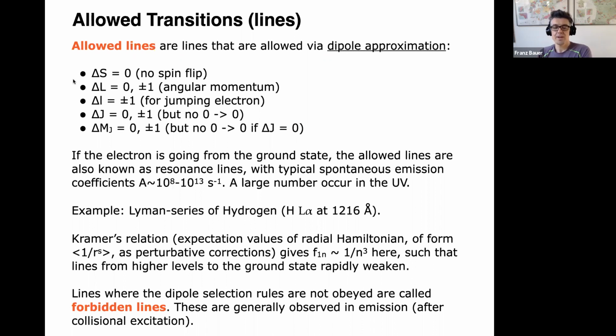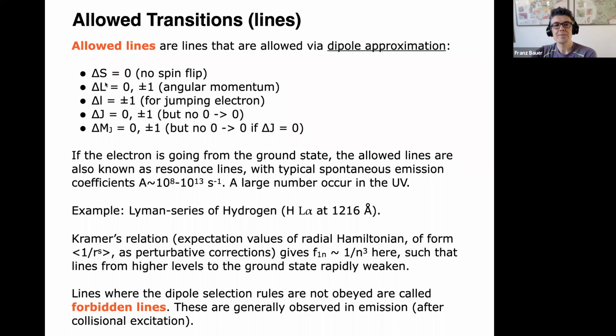Allowed lines are ones where you don't have a spin flip, so you retain the spin from one level to another. You typically have a change in the orbital angular momentum that is either 0 or plus or minus 1, so basically adjacent angular momenta.